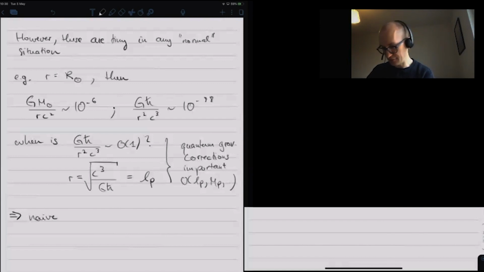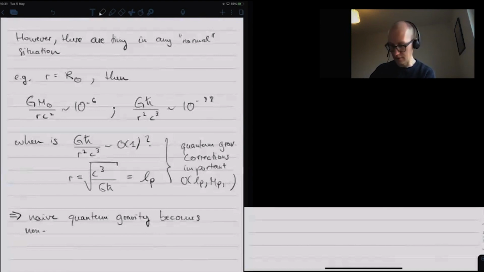So this naive approach to quantum gravity becomes non-perturbative, meaning that it becomes an expansion in a coupling that's greater than 1, at the Planck length, let's say.